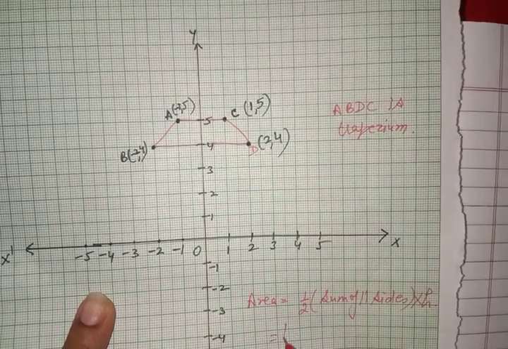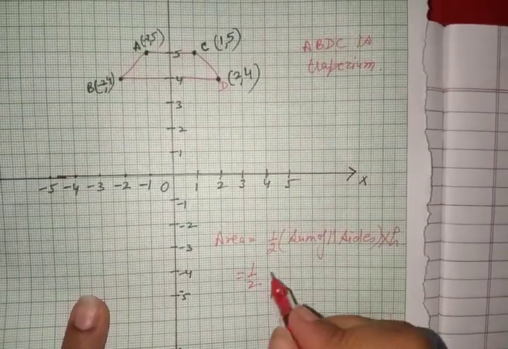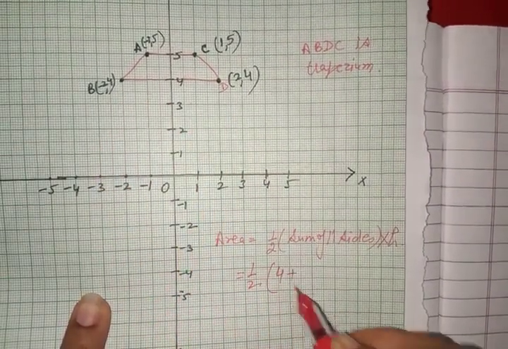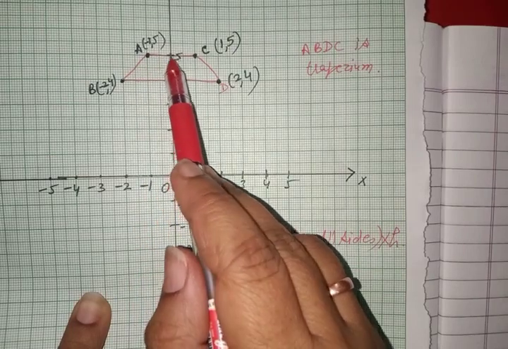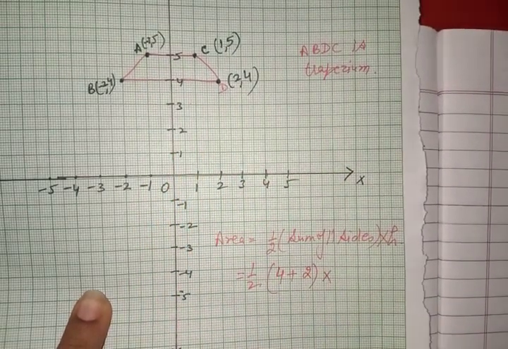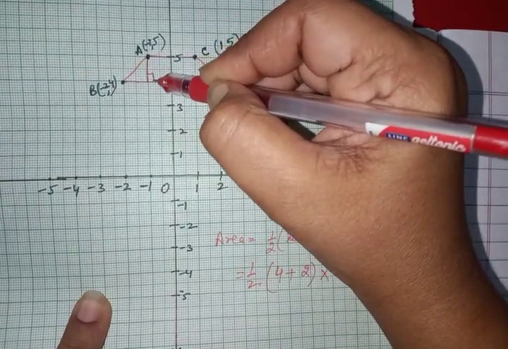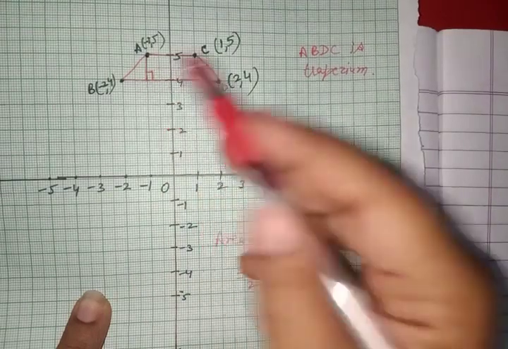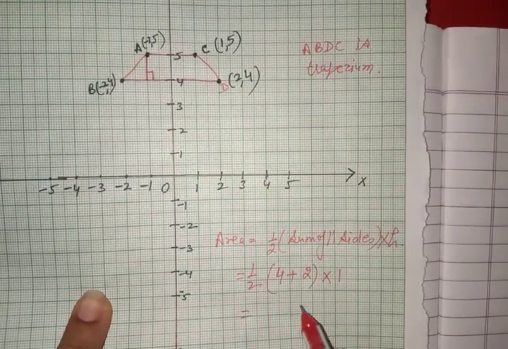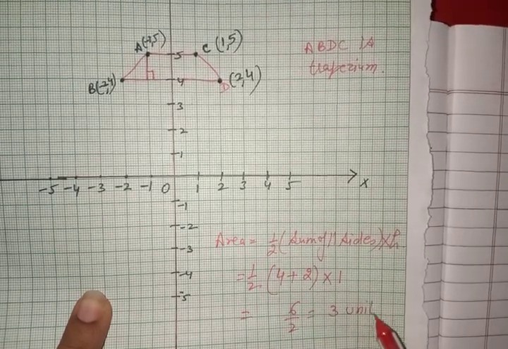So this is equal to half, and the first side BD is 4 plus this side, which is 1 and 1, this is 2, into height. Height, you can draw this perpendicular, and you can see easily, this is 1. So the answer is 6 by 2, which is equal to 3 unit square.